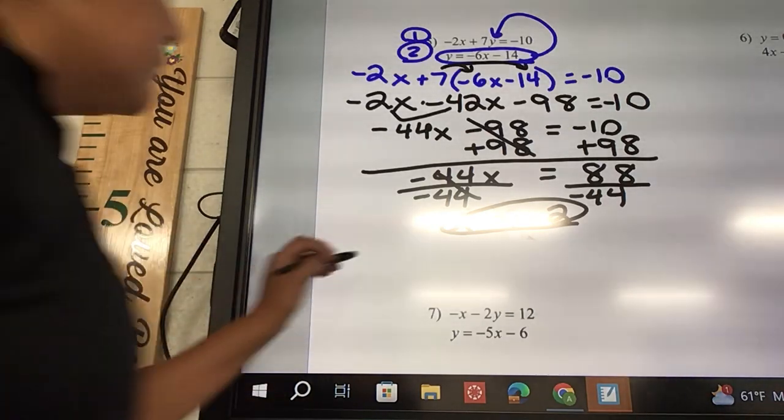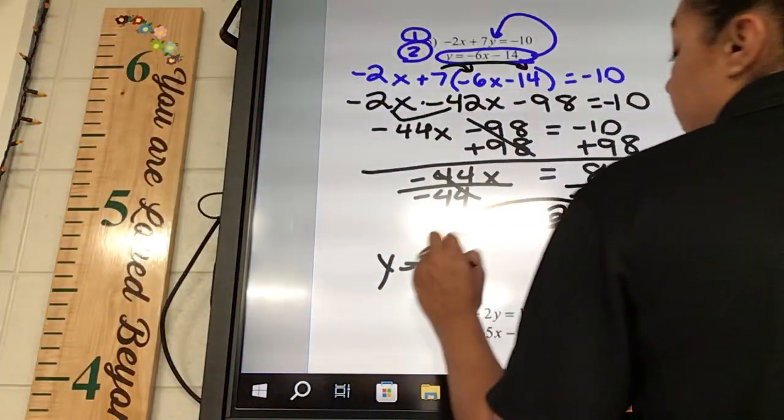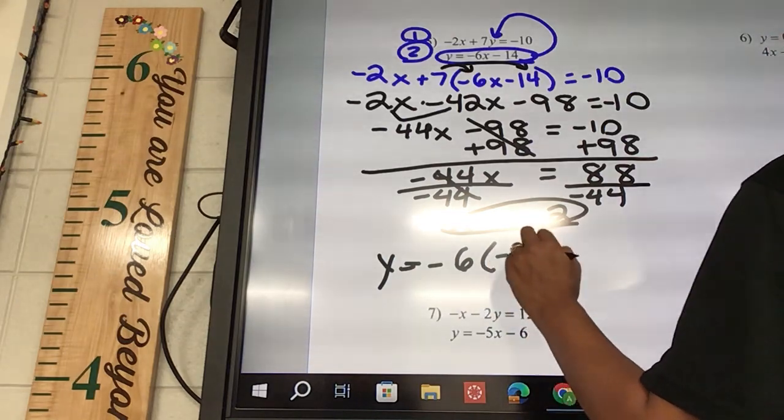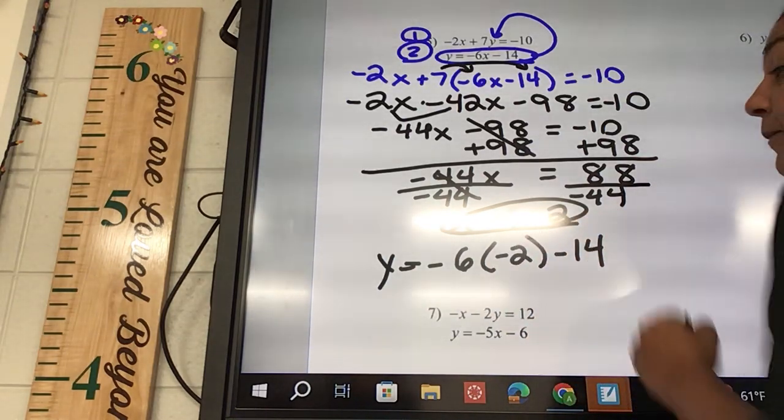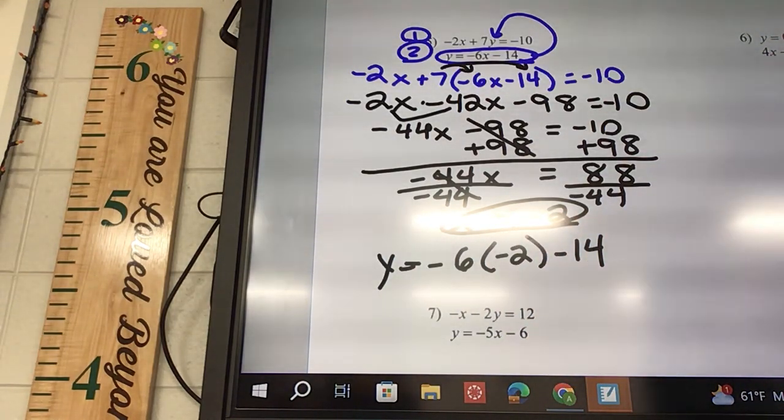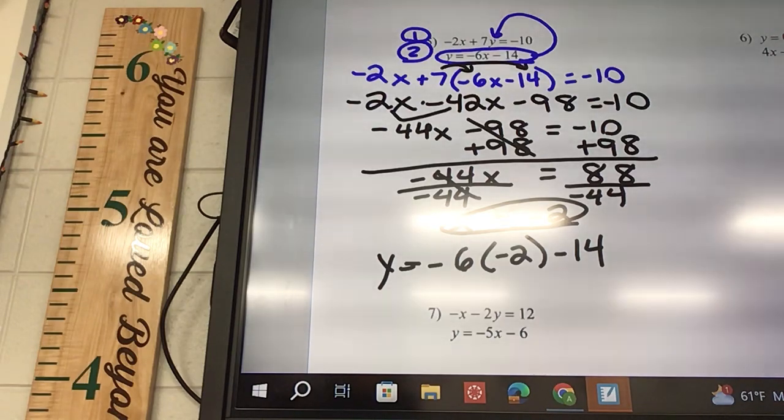And then we're gonna plug this in. So we're gonna say y equals negative 6, and instead of x, I'm writing negative 2 minus 14. Okay, and when we type that in our calculator, say negative 6, parenthesis, negative 6 times negative 2 minus 14.